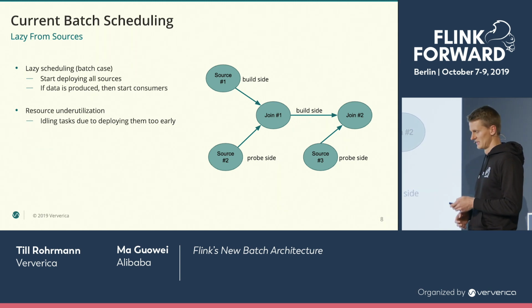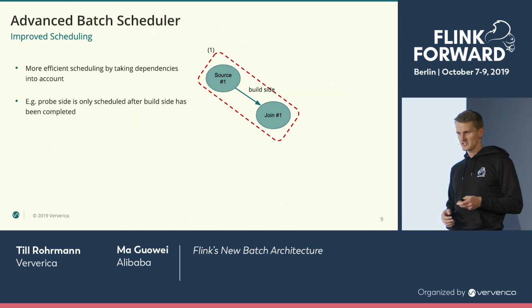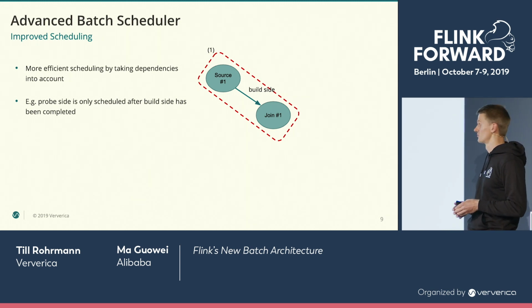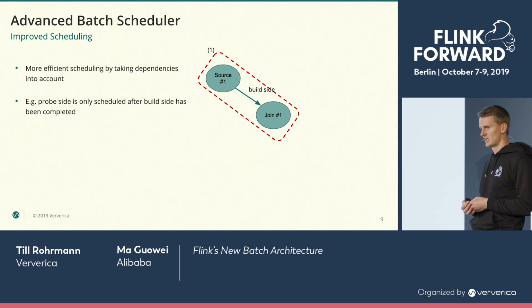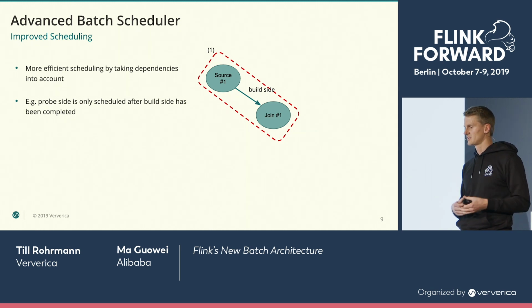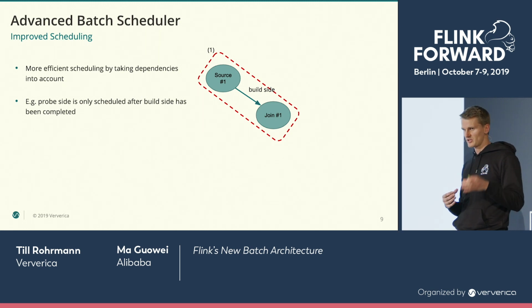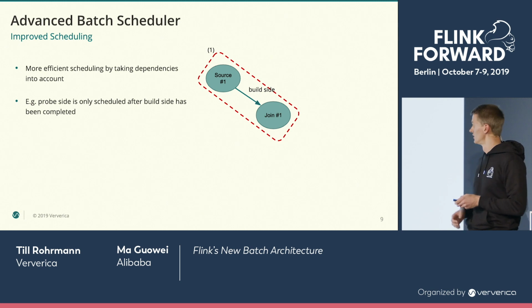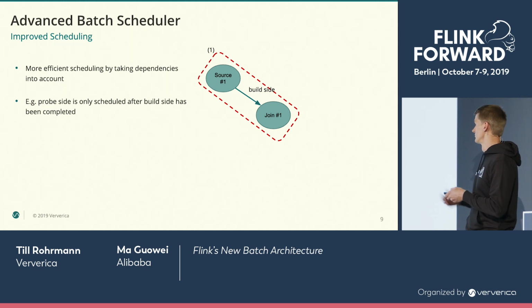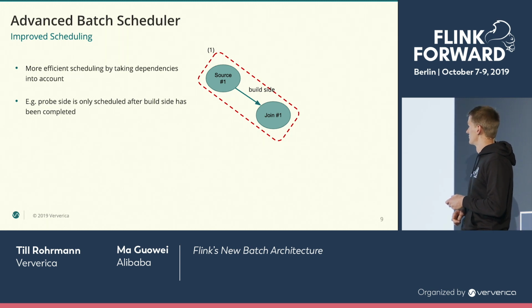We could improve the situation by being a bit smarter, by taking the dependencies of the different operators into account. So if we have a join operator with a build and probe side, the dependency would be: first complete the build side before you schedule the probe side. So taking exactly the same example again, we would first schedule the build side, which means scheduling source number 1 and the join operator.